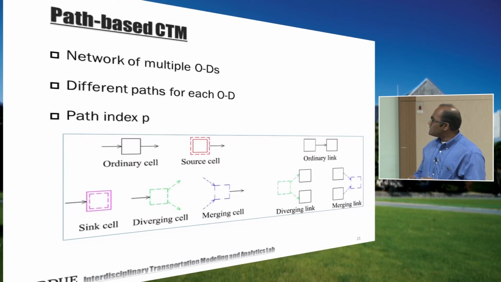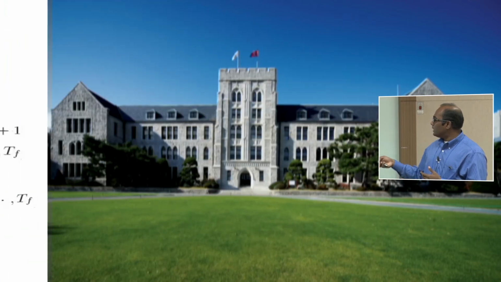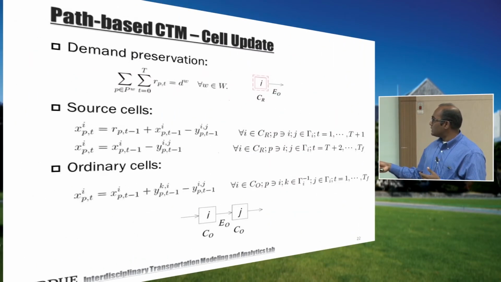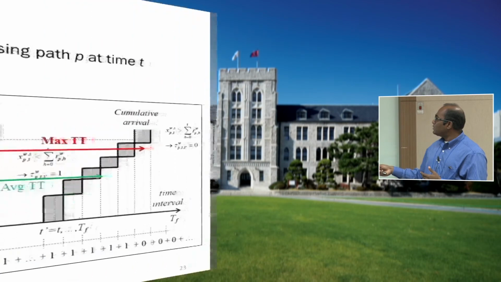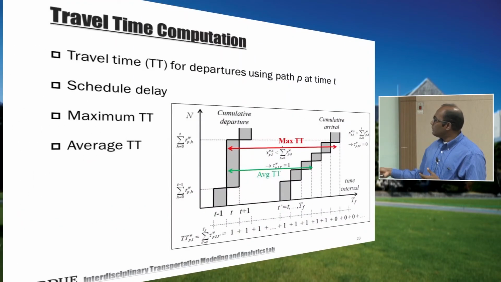So the way we do this network model is we break up a given link into small cells, and each cell looks at the propagation of the flow, and we call this a cell transmission model. And then we have different types of cells depending upon the type of roadway that you have, and we come up with a mathematical model to capture the demand preservation, the movement of the flow in these different types of cells, and then the travel time computation in this network.